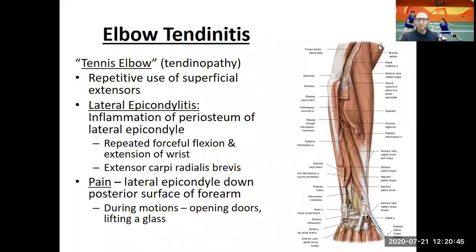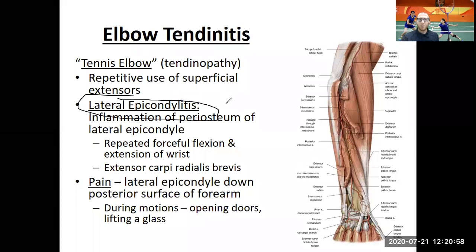But most often it's tennis and baseball, so they call it tennis elbow right here. And the technical name, you definitely want to know the technical name, is lateral epicondylitis. So this is more, not the medial side, but the lateral side.